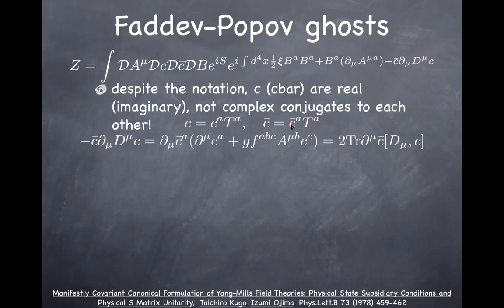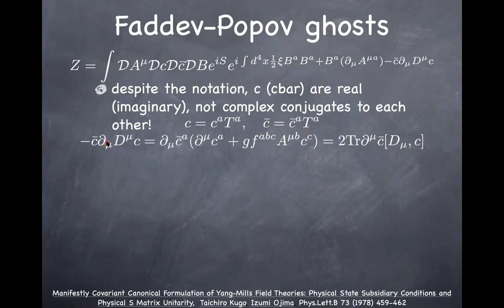And so in terms of the C and C bar fields, if you write out the Lagrangian term explicitly, it's meant to be this. And I realized I made a sign mistake here, so it's a typo. So D mu C, the covariant derivative acting on C, is supposed to be this, which can be written in a compact notation, D mu acting on C. The first one is just a partial derivative, and the second one comes from the commutator of A mu and C, which can be written in terms of the structure constant f A B C. Oh, no, I didn't make a sign mistake.